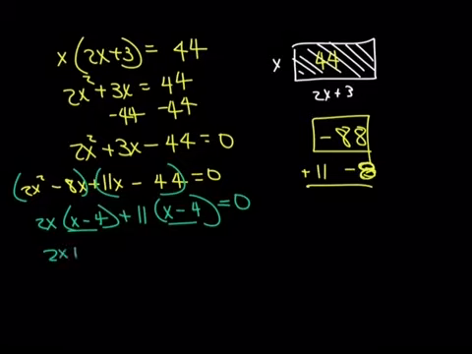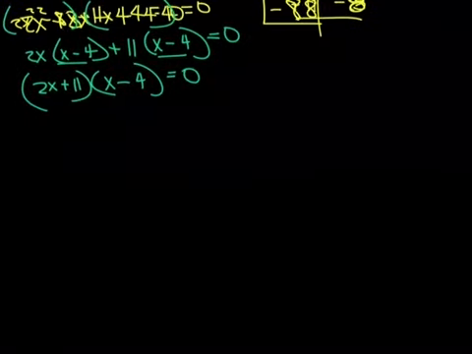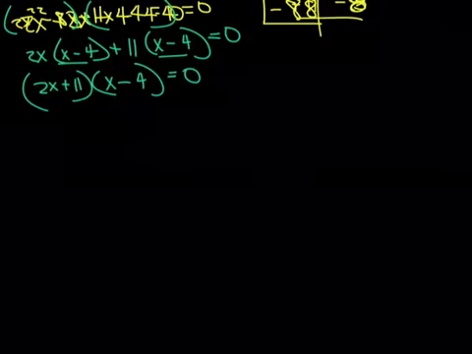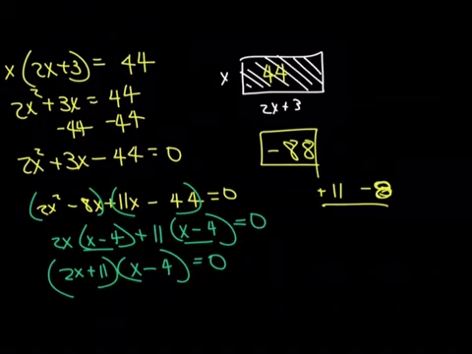So we take our 2x plus 11, and we take our x minus 4, and that gives us that. Alright, so that all looks well and good. Now we have to find out what x is, right? And when we find out what x is, we can put it there, and then 2 times whatever x is will give us that length there.